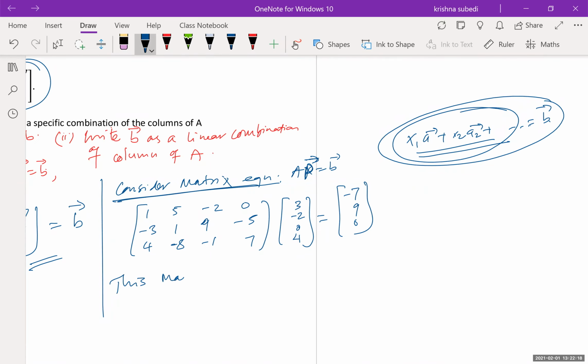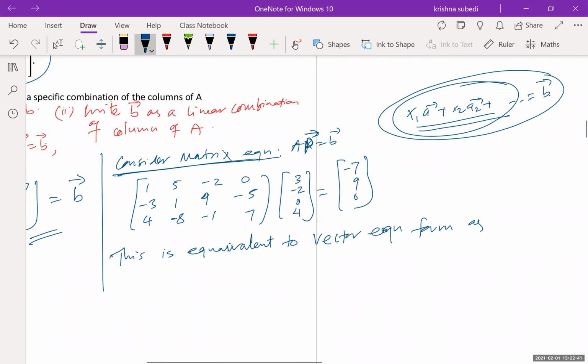So we will convert this into vector equation form. Equivalent to a vector equation form, notice that in this case the columns A1, A2 are the columns here, as you can see from this one.